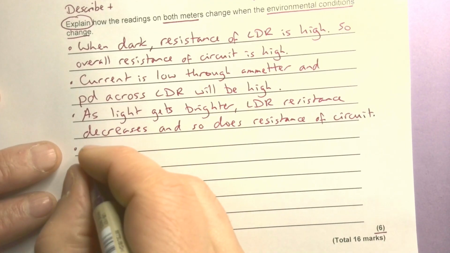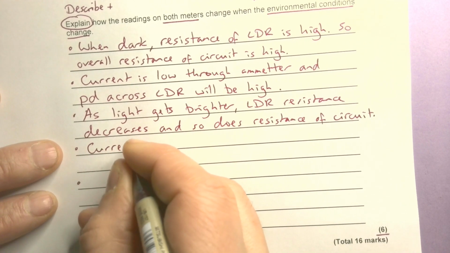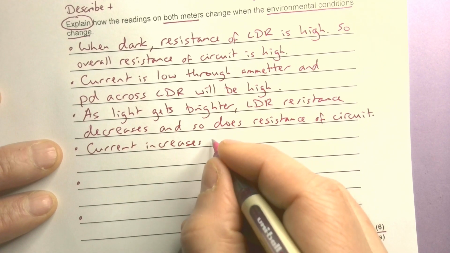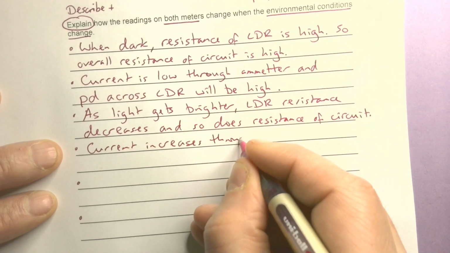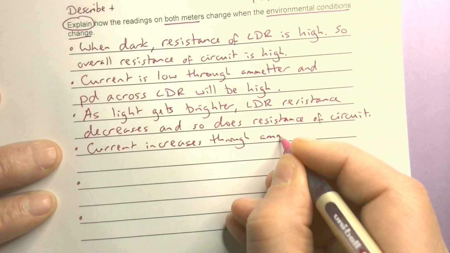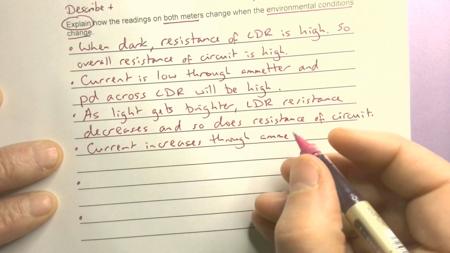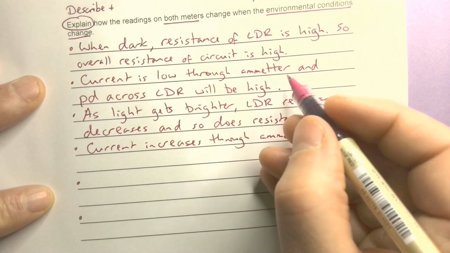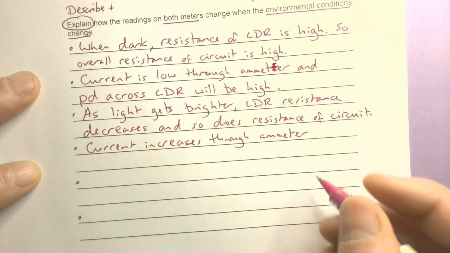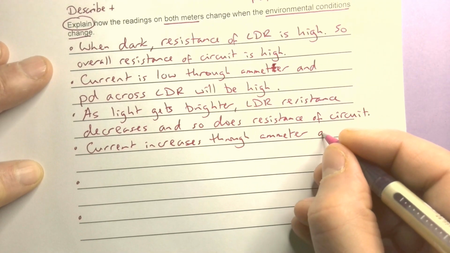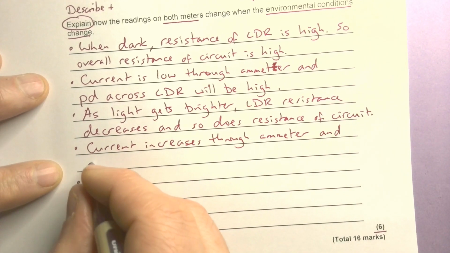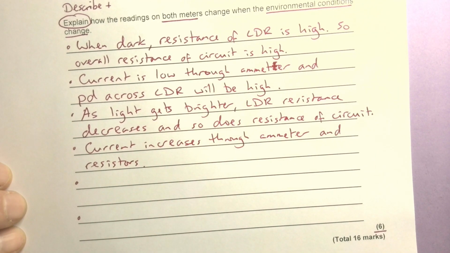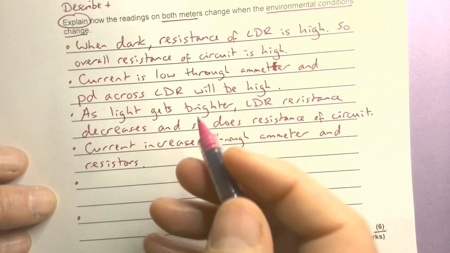This means current increases through ammeter. I randomly got a double T there, sorry, earlier. Through ammeter and the resistors. Let's talk about what happens in the LDR.